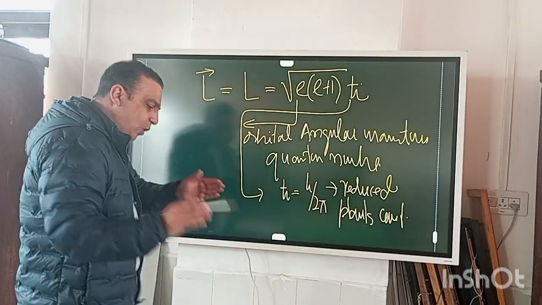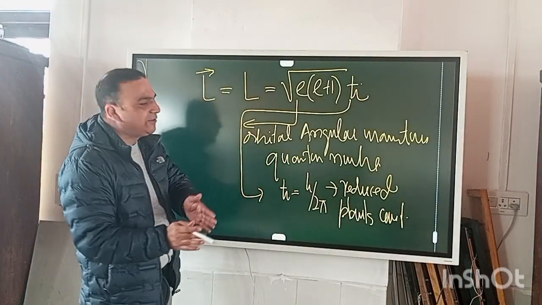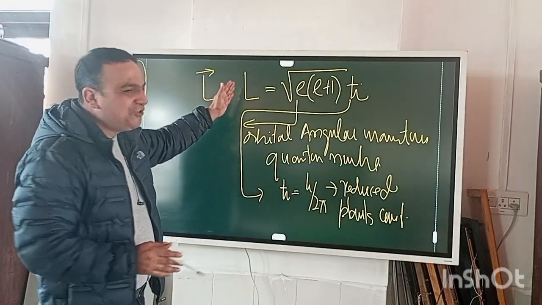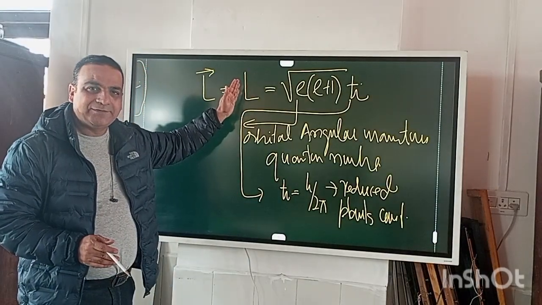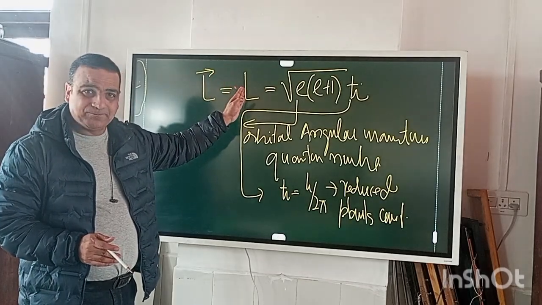So solving the Schrödinger's equation in spherical polar coordinates on hydrogen atom leads us to the quantization of angular momentum. So the angular momentum of the electron is quantized.